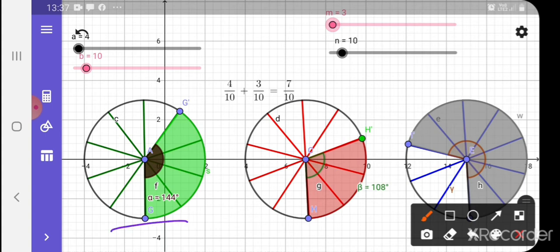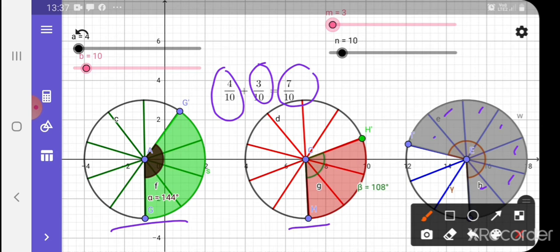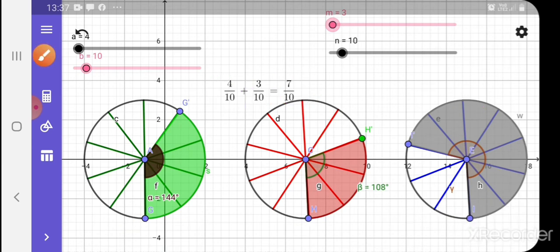In the second case, 3 are occupied. So that is 4 by 10 and 3 by 10, so the total is 7 by 10. You see here 7 sectors occupied: 1, 2, 3, 4, 5, 6, 7. So very simply you can see 4 plus 3 equals 7.